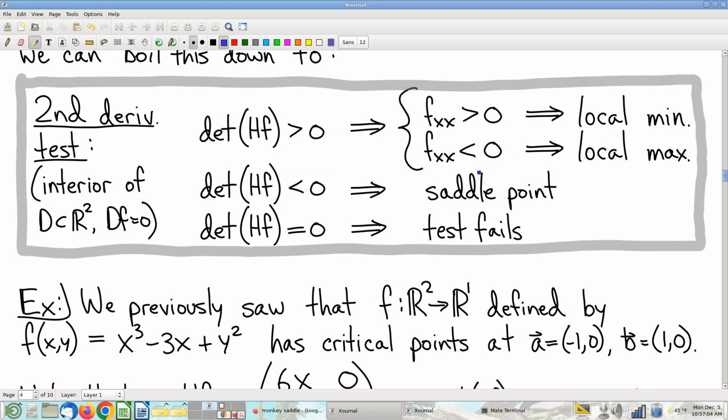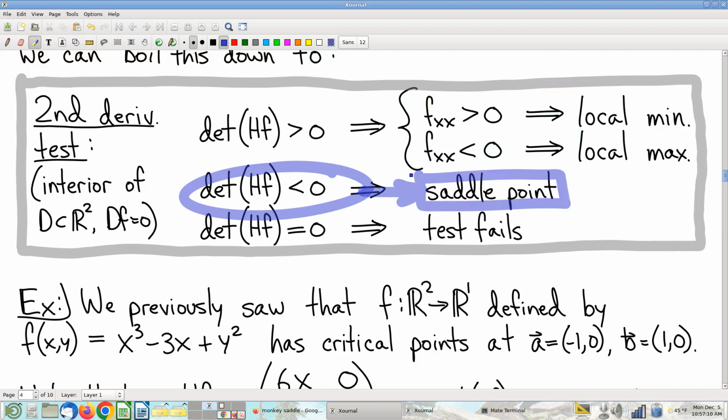There are other possibilities. The Hessian determinant might be negative, and this is the unexpected, weird one. If the Hessian determinant is negative, that's actually a saddle point, and it's very counterintuitive. It's tempting to think, shouldn't I be looking at the second partials in both directions? It turns out you don't, and again, there's some sophisticated linear algebra that goes into that. But if the Hessian determinant is negative, saddle point. Guaranteed.